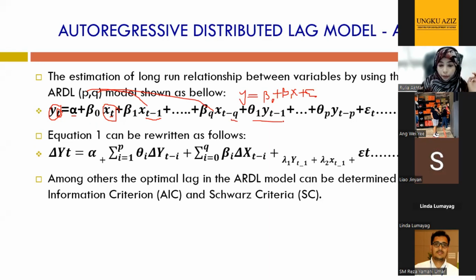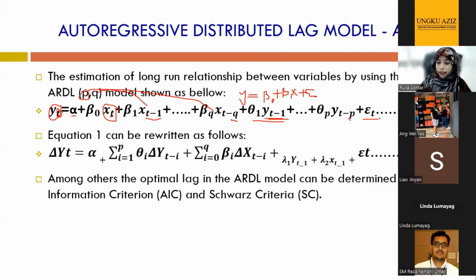As I mentioned before, we need to add the lag dependent variables. You see this lagged dependent variable is now itself an independent variable. So here we add one-period lag until lag P. P is for the autoregressive lag, right?